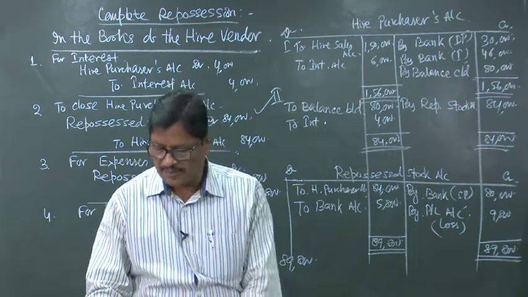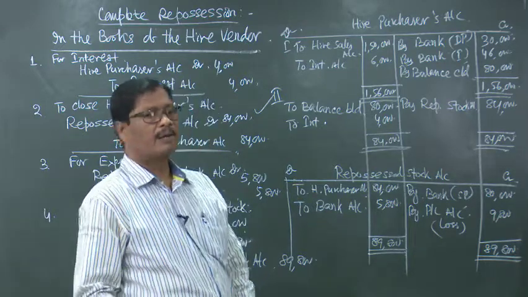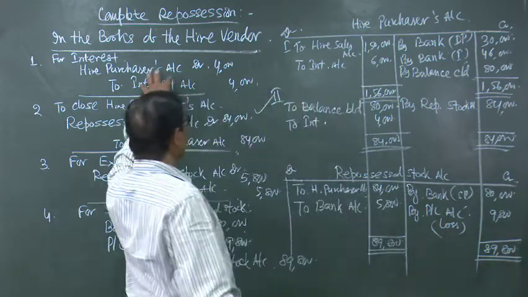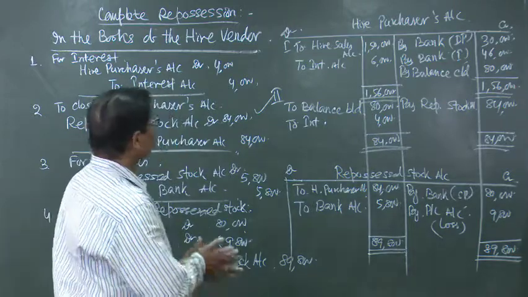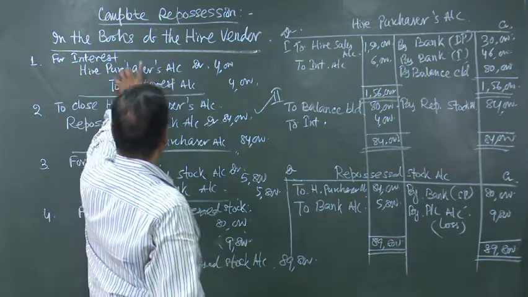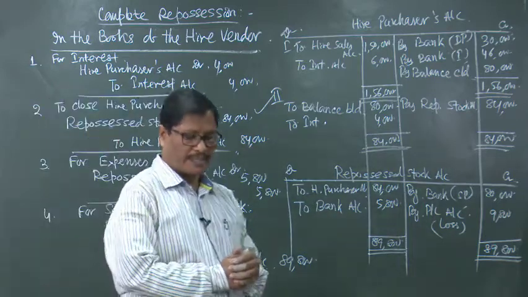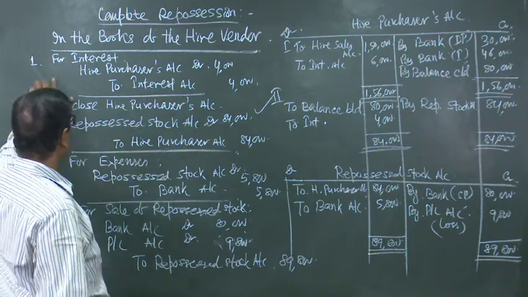In the next class, we will be discussing the other part, lease etc., but for the time being let us close this one with a recapitulation of the journal entries at the time of default and repossession. When it is completely repossessed, the first entry we have to pass in the books of the hire vendor is for the interest.